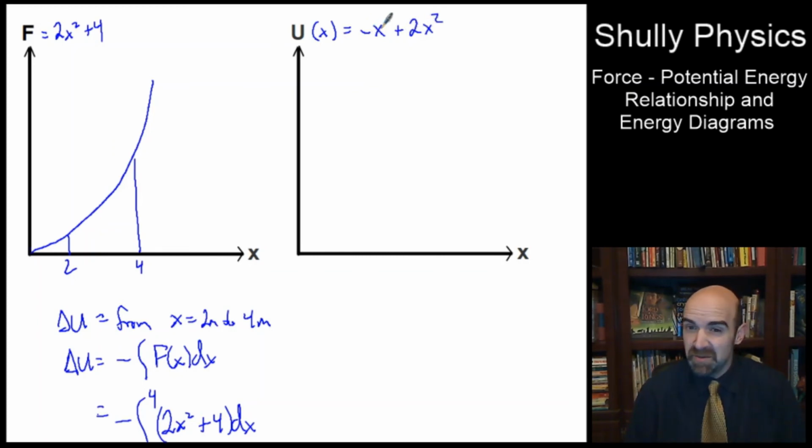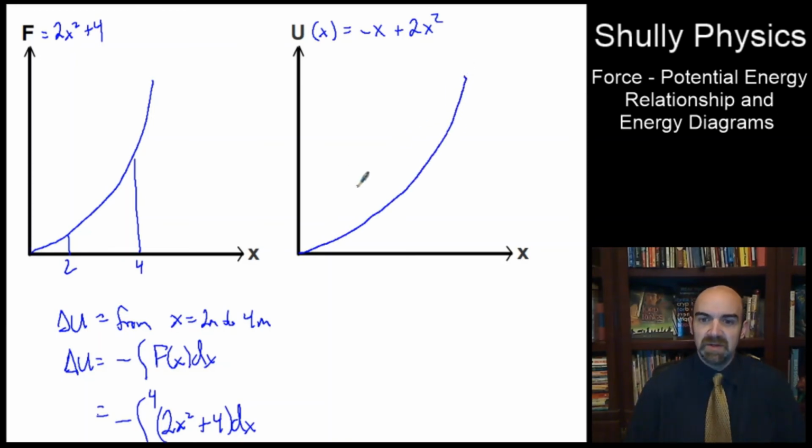We're starting at 0 with a 1. This is going to be negative 1 plus 2, so it does start out positive and it increases somehow, however that is. So my question here is, what is the force function going to look like? What's the force function going to be for this U of x function?